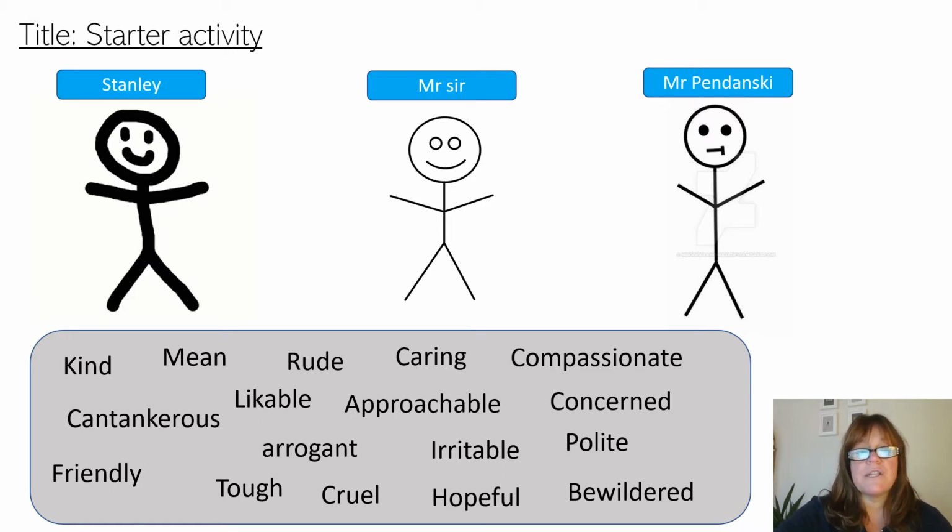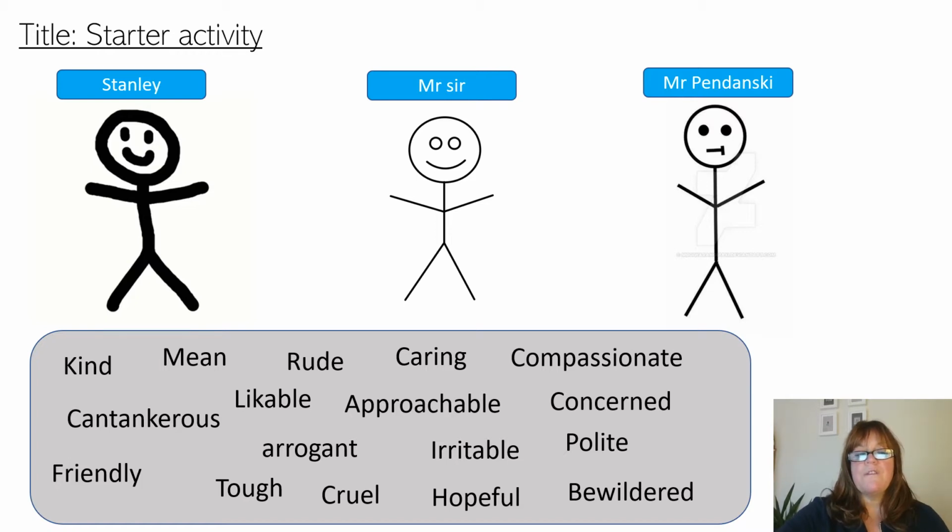In your books or on your paper, I would like you to draw 3 characters. You don't have to be a great artist; you can just do some stick figures for each character, but clearly label which character is which.